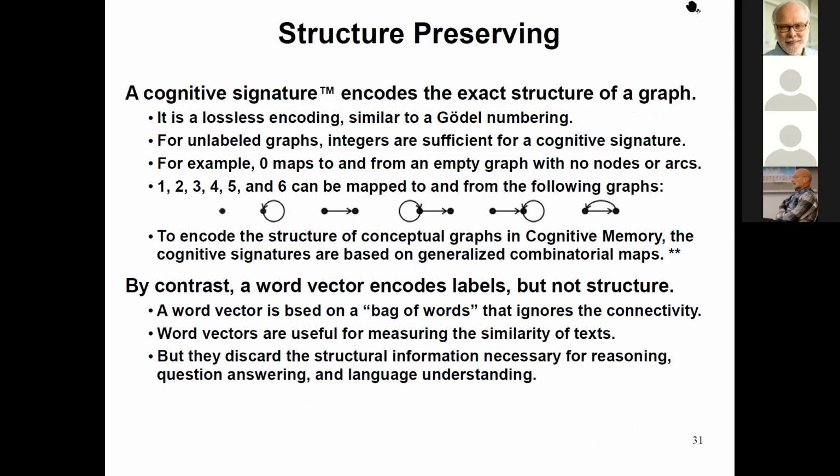And you may have heard of word vectors, which are a simpler kind of notation, based on a kind of bag of words that ignores the connectivity. The word vectors are useful for measuring similarity of texts, but they discard all of the structural information that's necessary for reasoning, question answering, and language understanding. The point is that Cognitive Memory, 20 years ago, was an outstanding program that still today is beyond the state of the art.